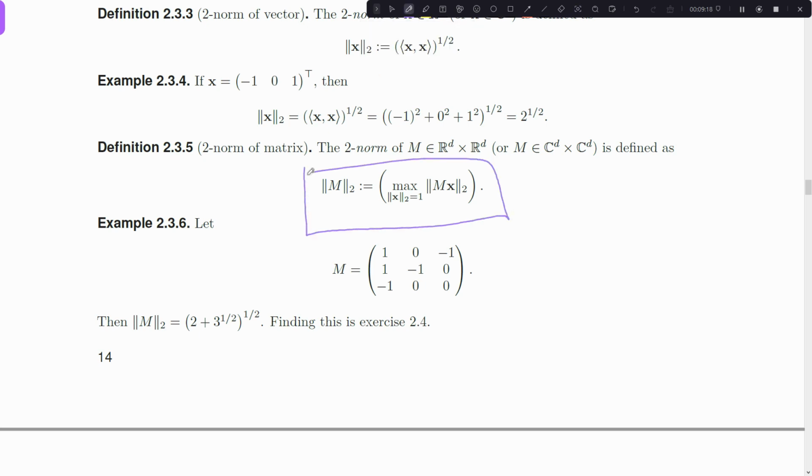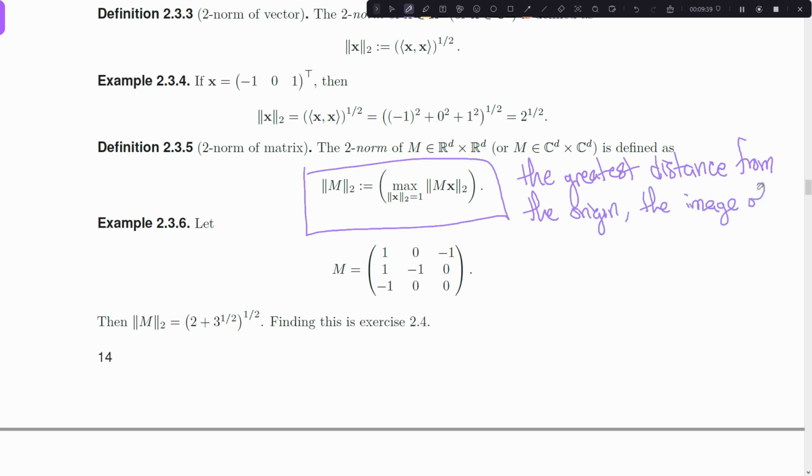This is the greatest distance from the origin that the image of the unit sphere takes under M.